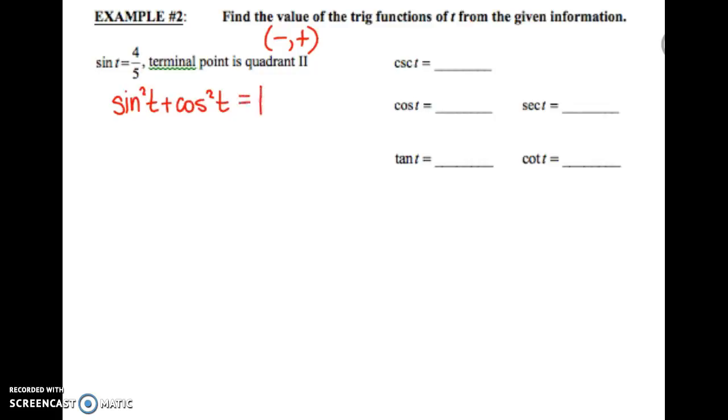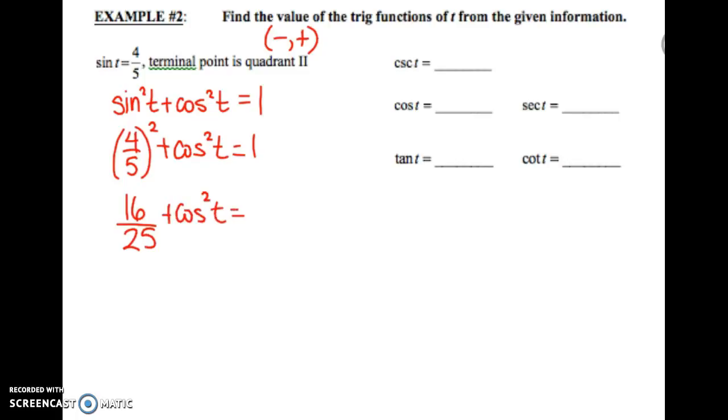Okay? I know that sine of t is 4/5. So I'm going to go ahead and replace sine of t with 4/5 in my equation. Now it's squared, so I have to write 4/5 squared plus cosine squared t is equal to 1. When I square 4/5, I get 16 over 25 plus cosine squared t equals 1.